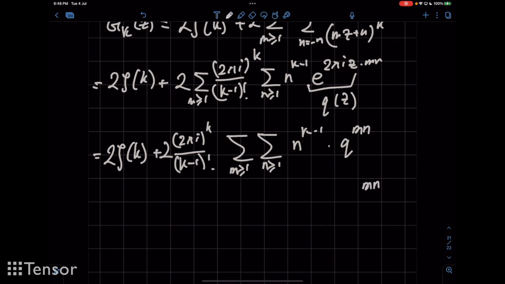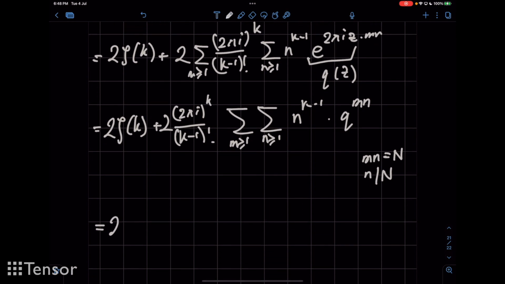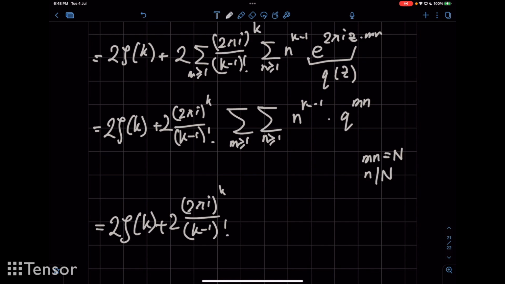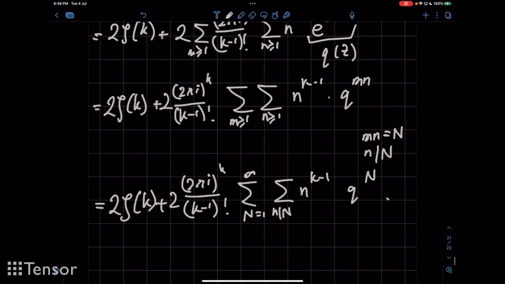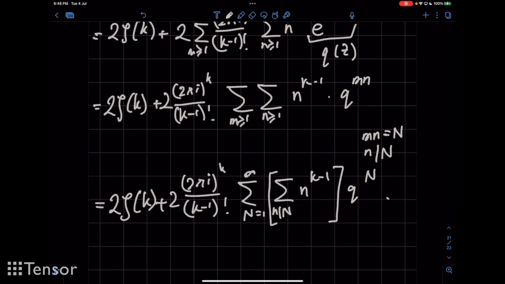That is, we'll take mn to be N, and we'll take n to be a divisor of capital N. And guess what? 2 zeta of k plus 2 (2 pi i) to the k over (k minus 1) factorial, sum over N, sum over all the divisors of N, the divisor to the power k minus 1, q to the N, and N is, of course, 1 to infinity. So now it's the q series expansion.